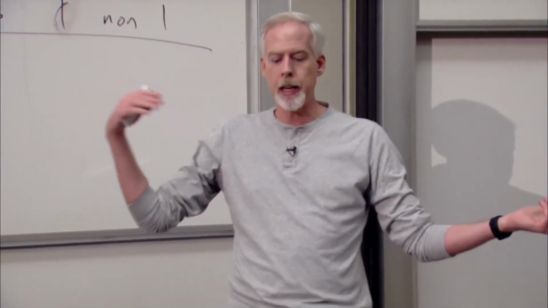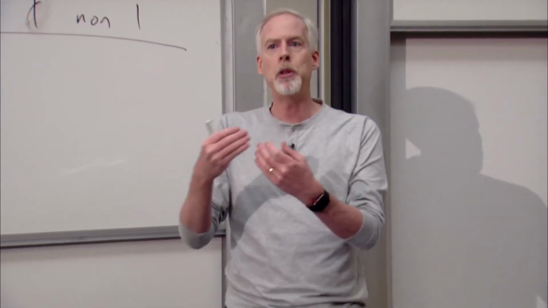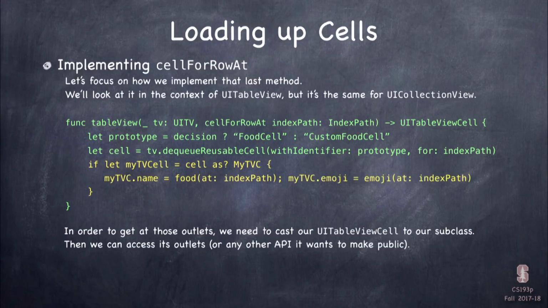The only thing is, back in cellForRowAt, if we want to access those outlets, we have to cast the cell that comes back from dequeueReusableCell(withIdentifier:), because that's of class UITableViewCell. So it doesn't know about my outlets, so I have to cast it to be MyTVC. Now I've got this local variable tvc, which is cast, and I can do things like tvc.name and tvc.emoji, those outlets that I had, and I can set them to be my data.